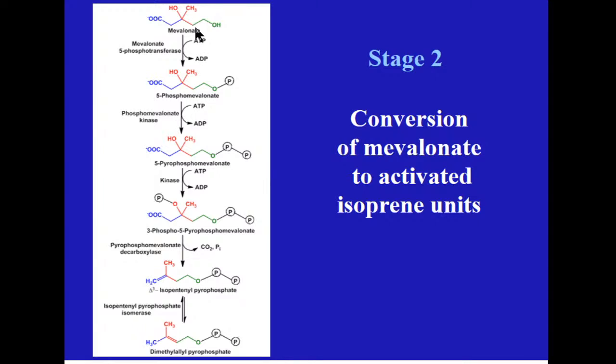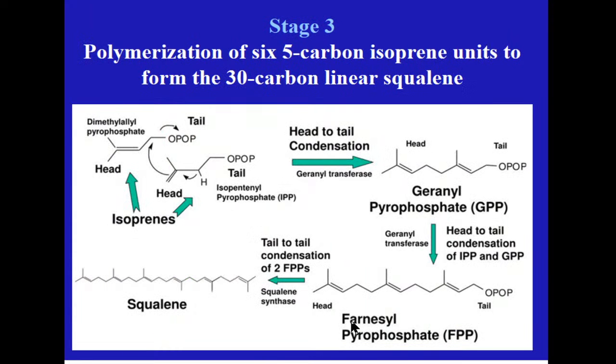As I told you, subsequently the formulas are not necessary to learn. You only must remember that on the second stage, after several times of activation by phosphorylation, mevalonate will be converted to the special active isoprenic unit that will be elongated, polymerized on the stage 3.